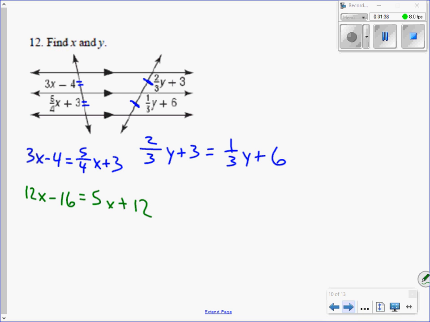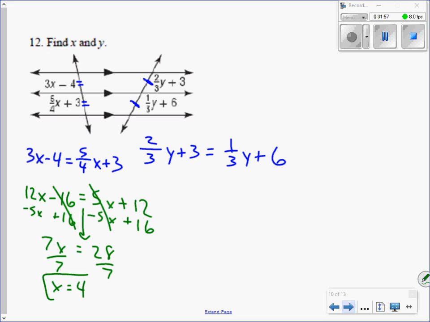So if I subtract 5x from both sides, and I add 16 to both sides, it's going to get rid of those. I'm left with a 7x, bring down my equal sign, equal to a 28, and I can do that in my head. You can too. Didn't need a calculator.